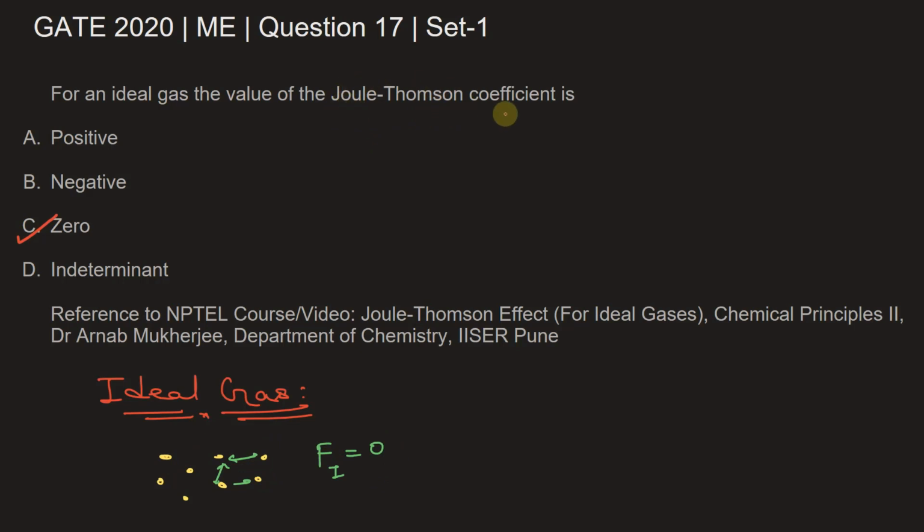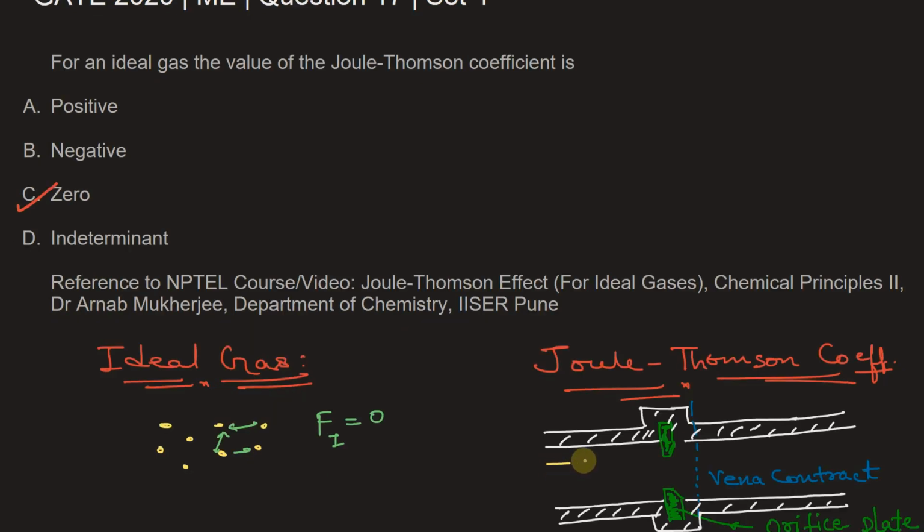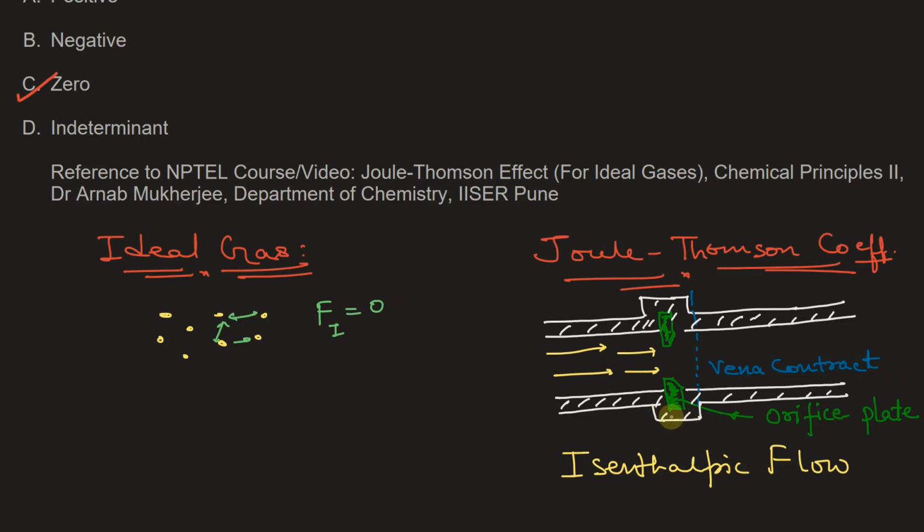Now let's understand the Joule-Thomson coefficient. When the gas in steady state flow passes through the orifice or a valve, it normally experiences a change in temperature and this is called the Joule-Thomson effect. During this Joule-Thomson effect, the enthalpy of the system remains constant, that is, it is an isenthalpic process, and the same can be represented as follows.